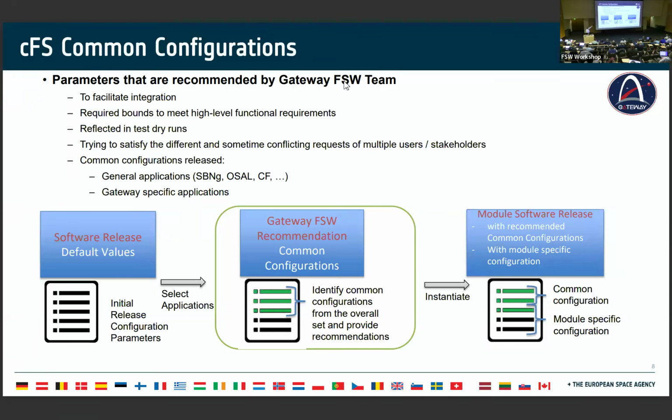So at the bottom, it shows the process for every application. There is some initial configuration which is used in the initial release. Then for some identified applications, common configurations were defined. And then for every instantiation on each module, this common configuration, which is proposed by the Gateway flight software team, is considered in view of the module-specific configurations.